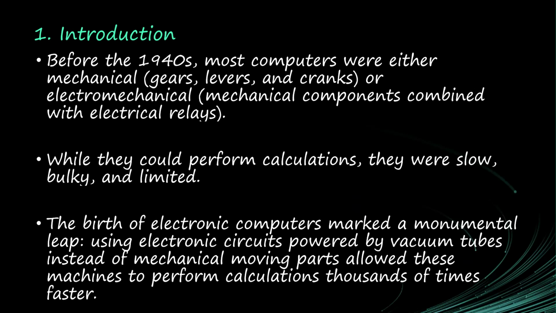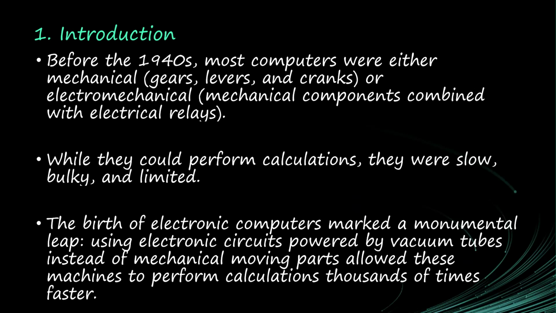So the first electronic computers started using something we call electronic circuits. As you grow, you get to understand all these things. These electronic circuits were powered by vacuum tubes. Vacuum tubes are like switches.